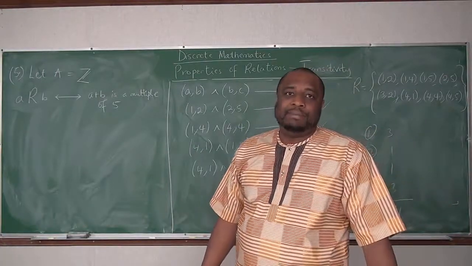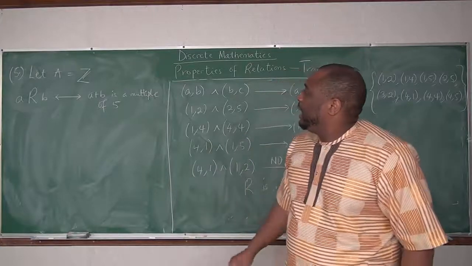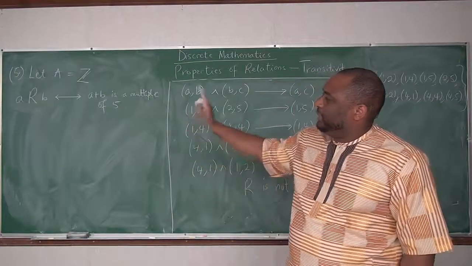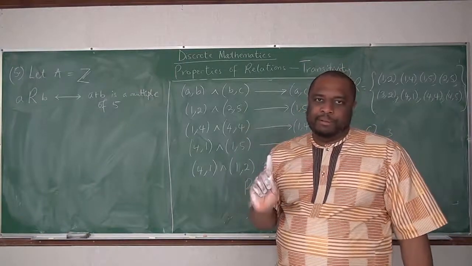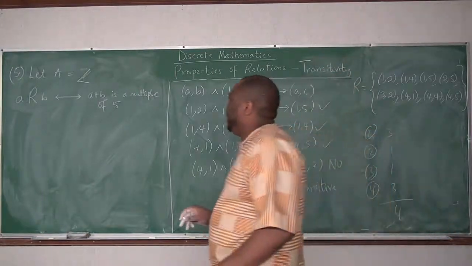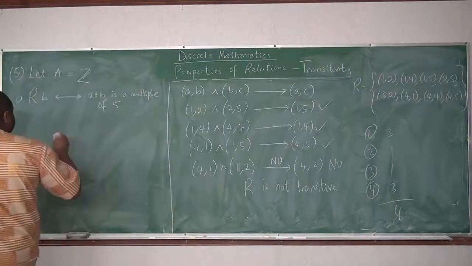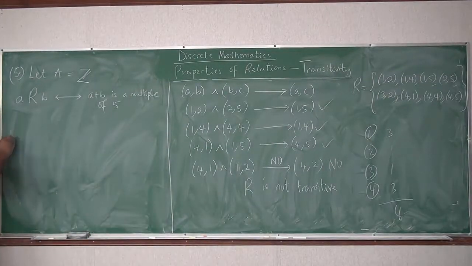You can't list all the elements. But the relation must be that a plus b is a multiple of 5.